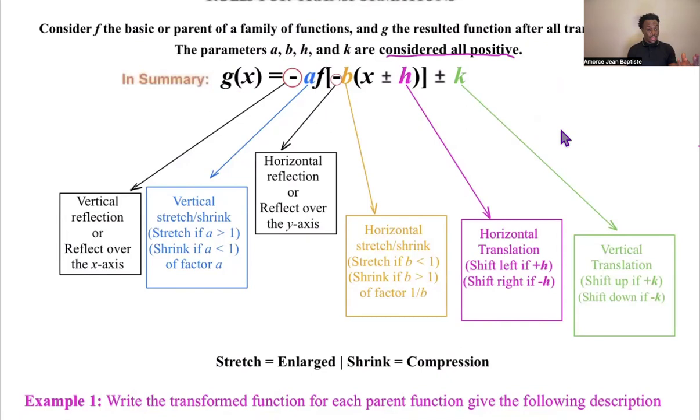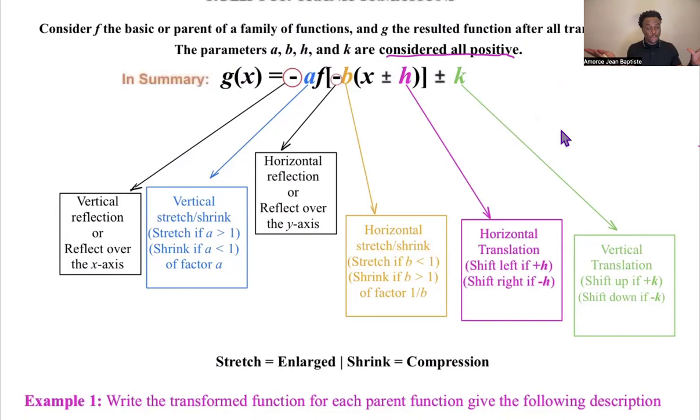So when you look at G of x, you see where it comes from, what family it comes from, based on its last name, the shape. If the equation has a square, then the parent is square, and you know the shape of the parent. Cube, you know the parent is cube. That's where it comes from.